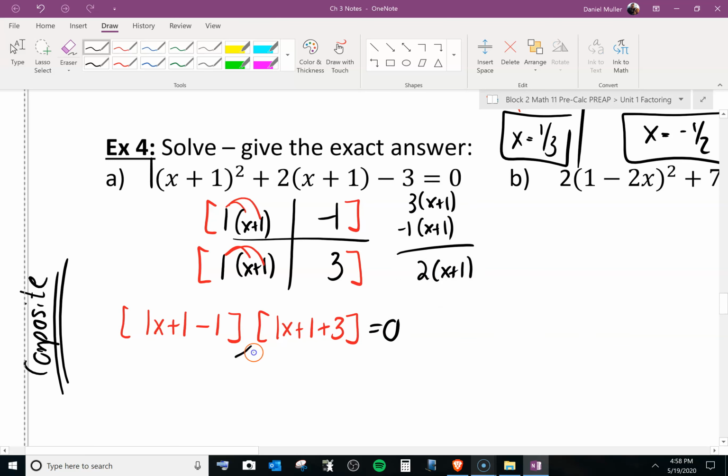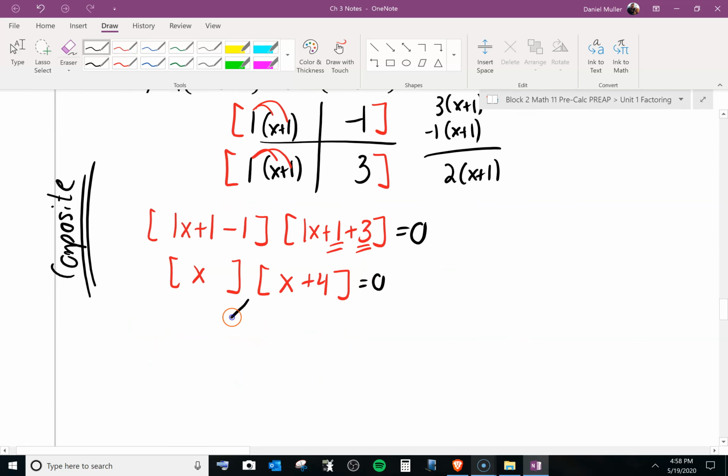Now, we've got 2 things. Oh, actually we don't. We should probably simplify it first. So there's 1x, or just an x. 1 plus 1 is 0. And the other one is a 1x, or just x. 1 plus 3 is 4. Yeah, that looks good. So now we can separate it. We have x is equal to 0, or x plus 4 equals 0.